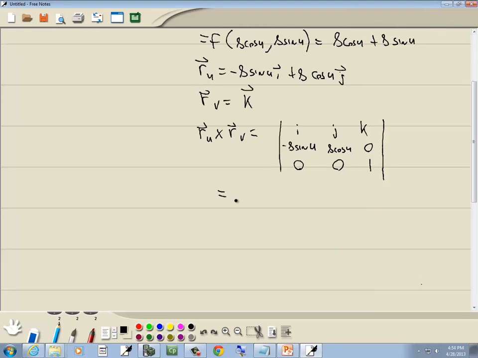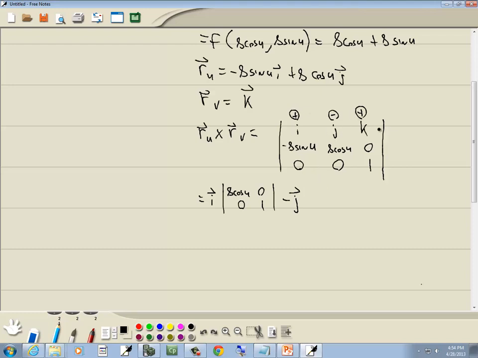Okay, so we're going to have i, and remember we cross out the row and column it's in, and then we get the determinant of what's left. So we got 8 cosine of u, 0, 0, 1, minus j. These alternate. This is plus, this is minus, and this is plus.